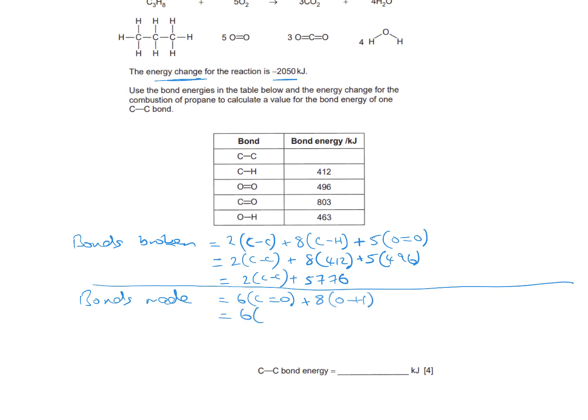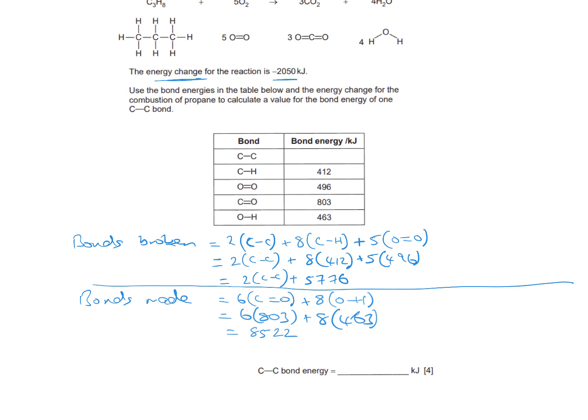Now we can put in the actual values. So it's going to be 6 times 803 plus 8 times 463. So that gives me a total of 8522.